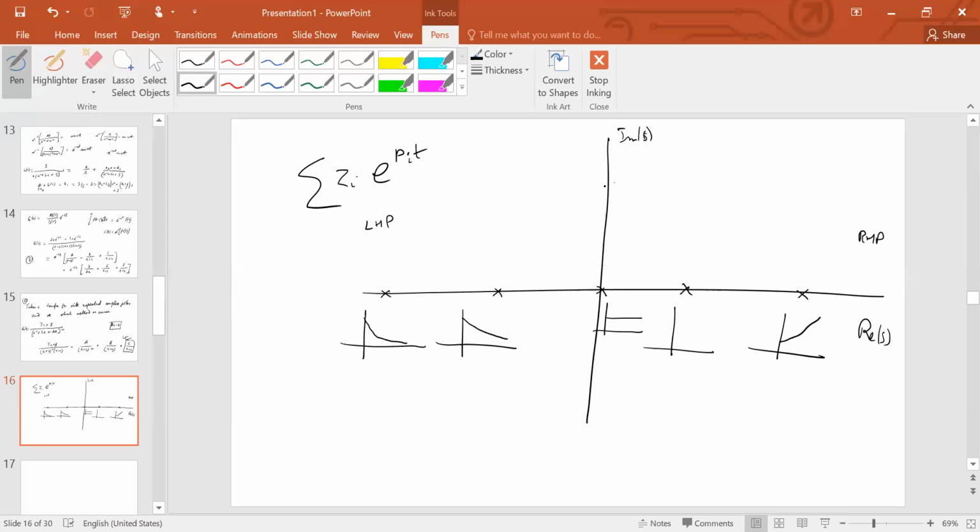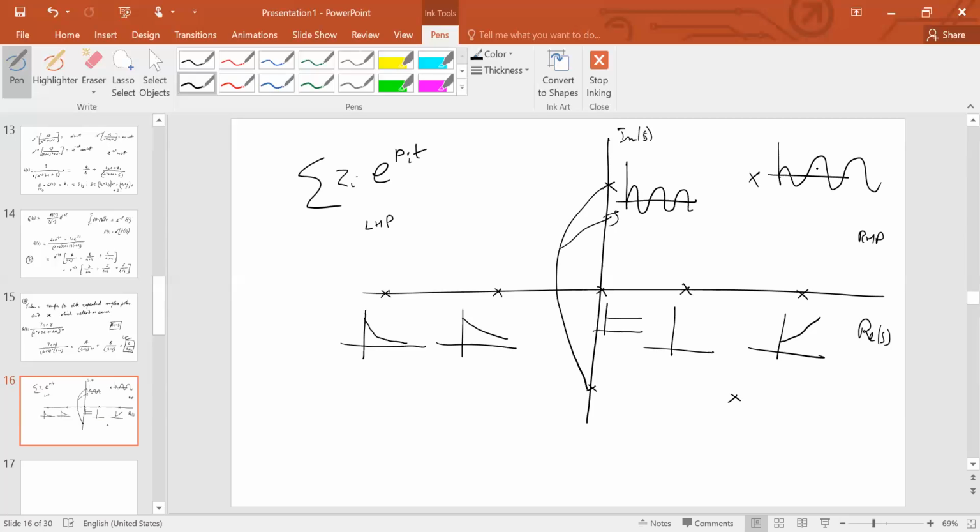Then again, you can have complex conjugate roots that are purely imaginary, so the real part is 0. For these roots, these modes, what will the solution look like? This will be a sinusoid or a cosinusoid, right? These will appear in pairs, so you cannot look at them in isolation. Similarly, if you have complex conjugate poles with real parts that are positive, then you will have a response that looks something like this.